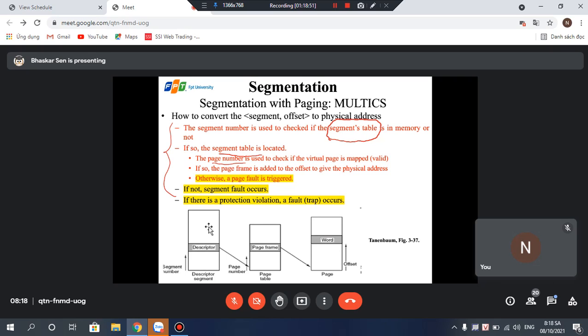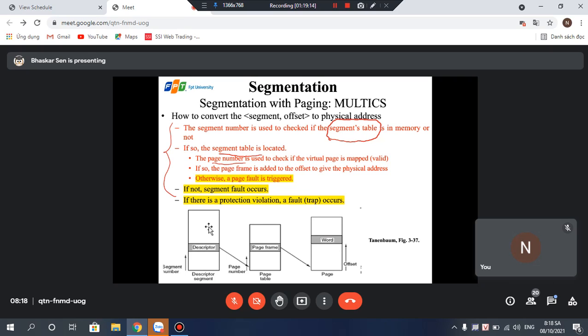First, the segment number is used to check if the segment table is in memory or not. If so, the segment table is located. The page number is used to check if the virtual page is mapped.